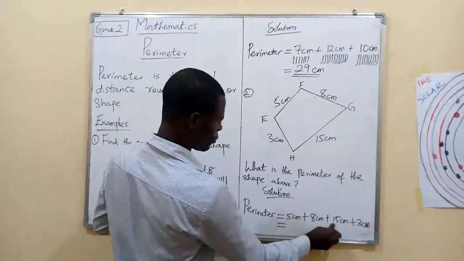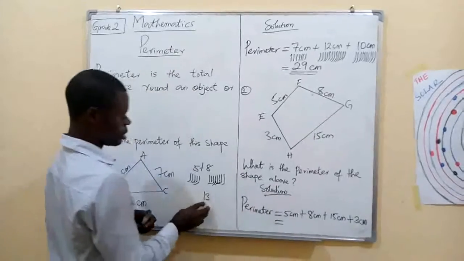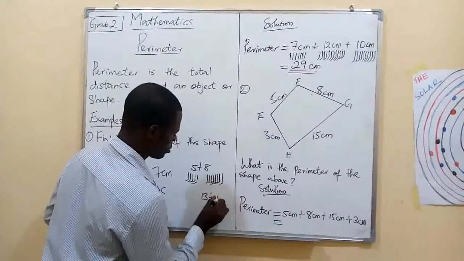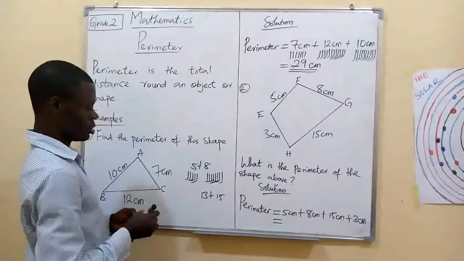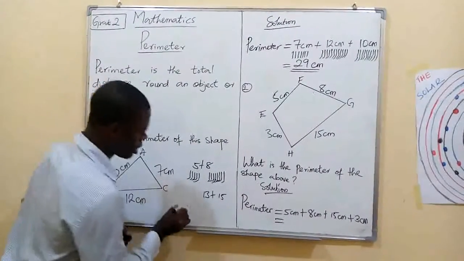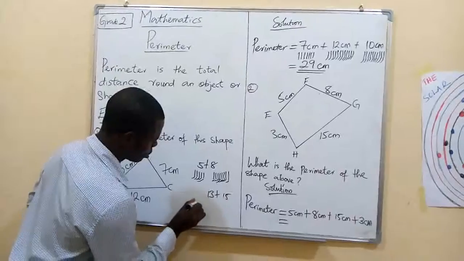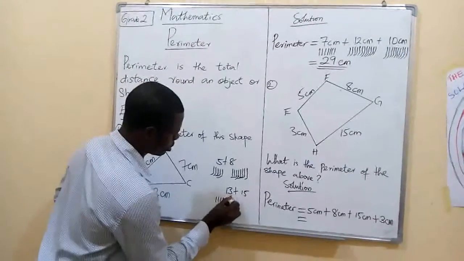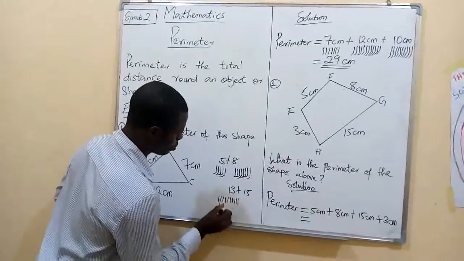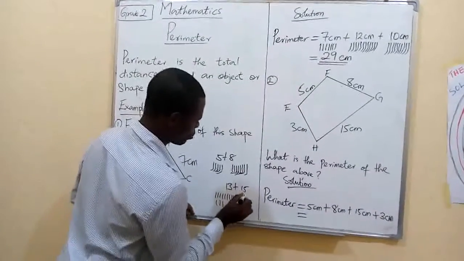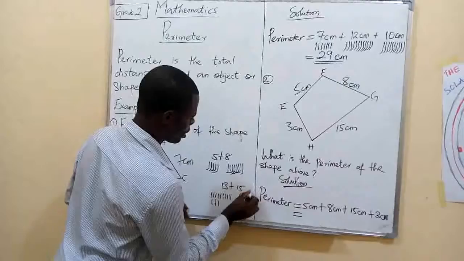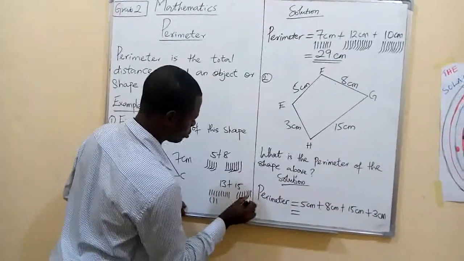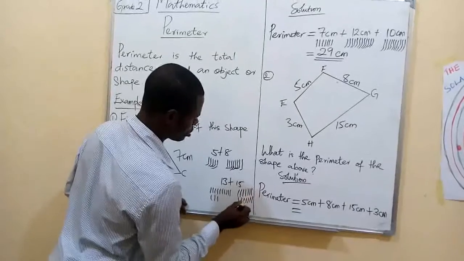Next one, we have 15 here. That is 13 plus 15. So you count 13 and you count 15. 1, 2, 3, up to 13. 1, 2, 3, up to 15.